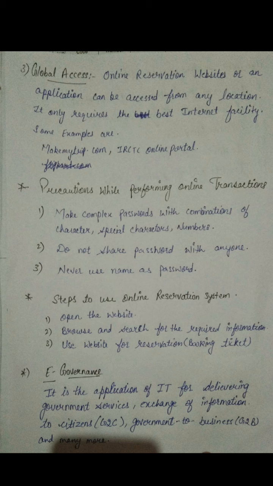Then there is e-governance. It means these are the government based applications, means these applications provide you the information regarding the government, like government to citizens, government to business. The government hires IT professionals for developing these kinds of applications and delivering government services, exchange of information to citizens, government to business, and many more.